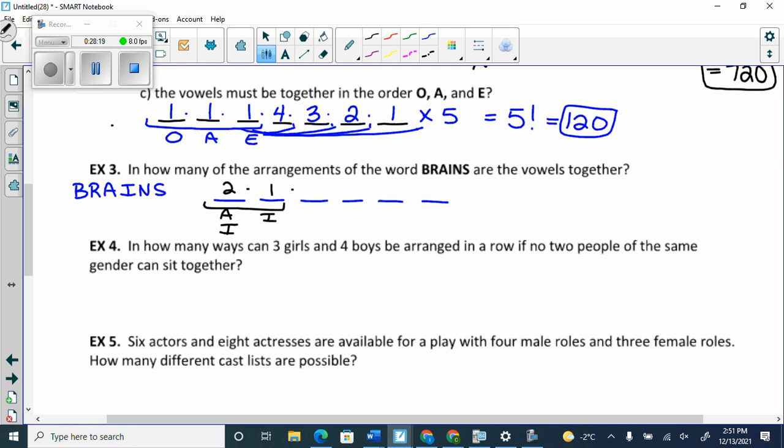How many do I have left? 4, 3, 2, 1. Am I done? No, what do I have to multiply by? 5, because there's 5 places they can be, because it doesn't say together at the front. So this is 1, 2, 3, 4, 5, or one more than the number after the hook together. So it's 2 times 5 factorial, which is 240.